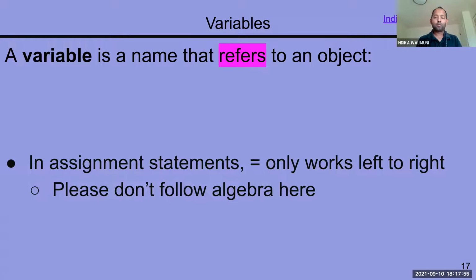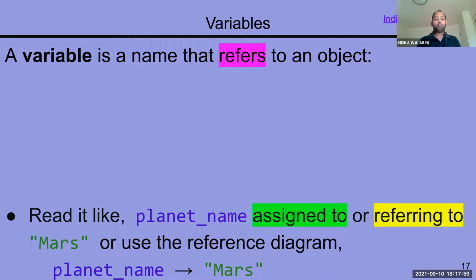Okay, all right. So don't follow algebra here. Read it like this. We have the planet name, which is the name assigned to, or referring to, the value Mars. Okay, or use the reference diagram. So this is the reference diagram.